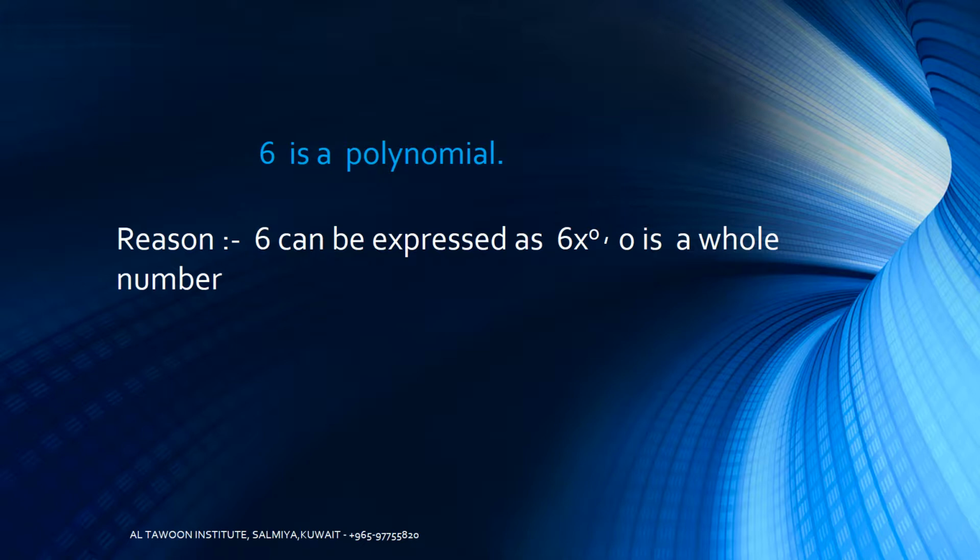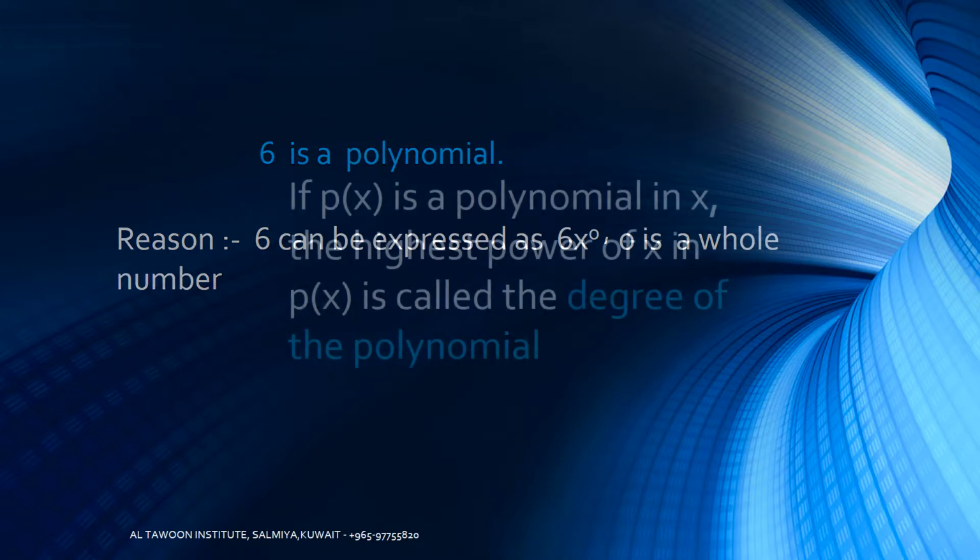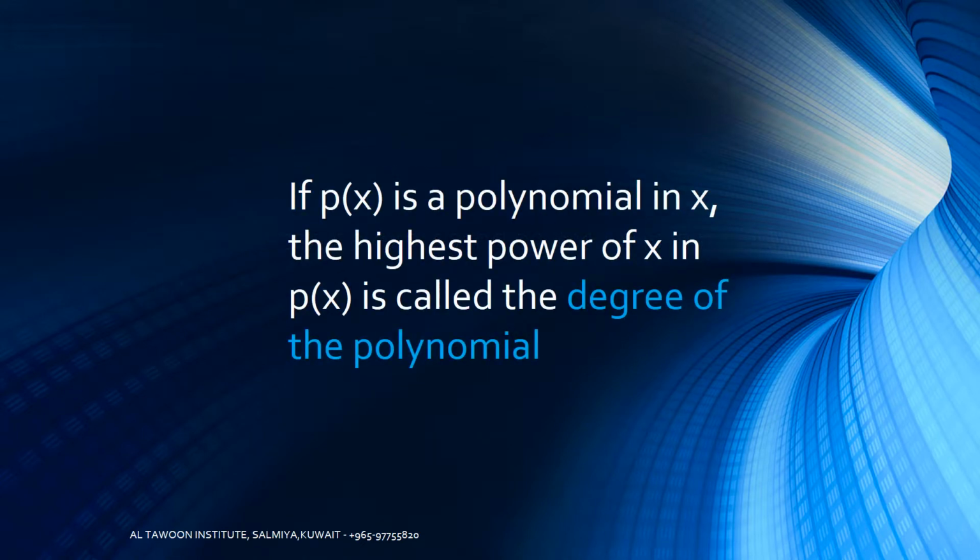If p(x) is a polynomial in x, and if k is any real number, then the value obtained by replacing x by k in p(x) is called the value of p(x) at x = k and is denoted by p(k).